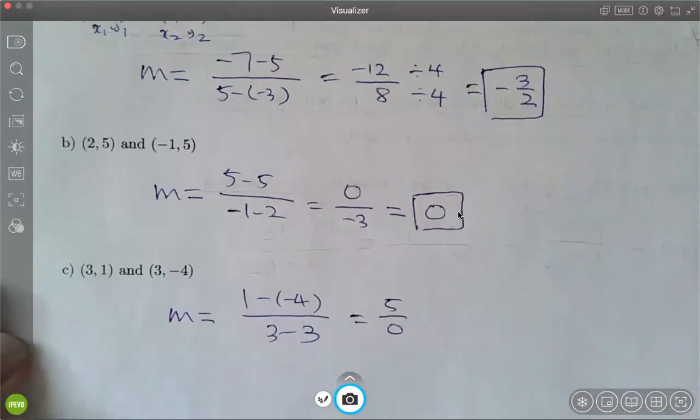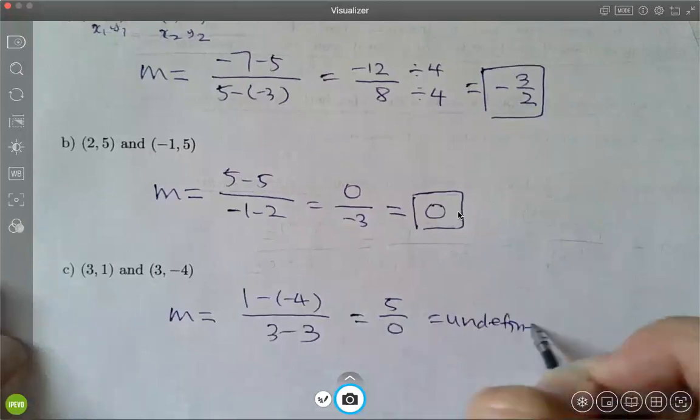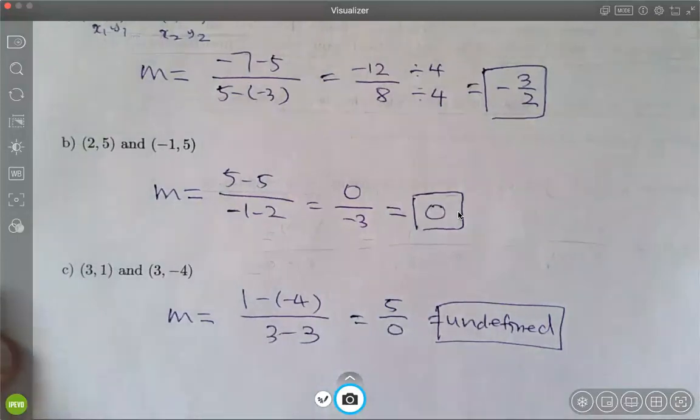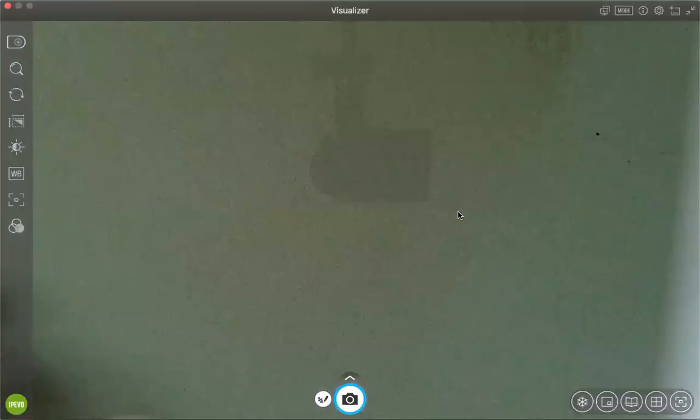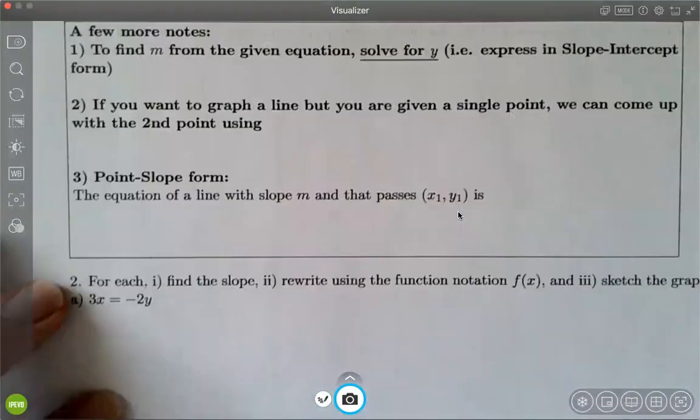Undefined, yes. Okay. So 0 at the top means 0. 0 at the bottom, undefined. Okay. So that is the slope problem. And now the main thing in the section is in the next two problems.